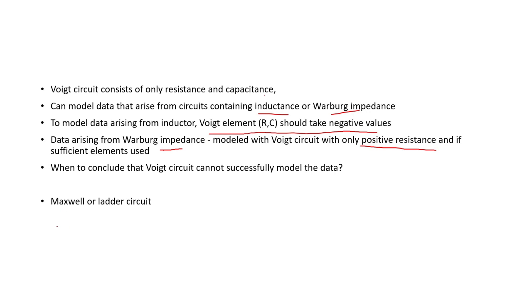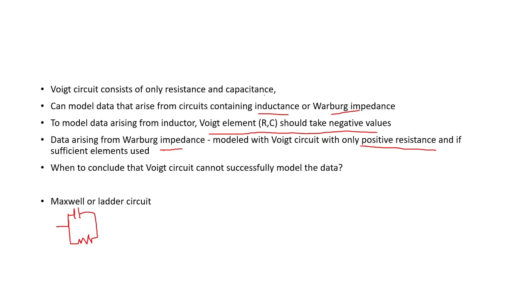So, you should know how a Maxwell and a ladder circuit look like. The Maxwell circuit has a capacitor and a resistor in parallel, which is similar to the Voigt element.